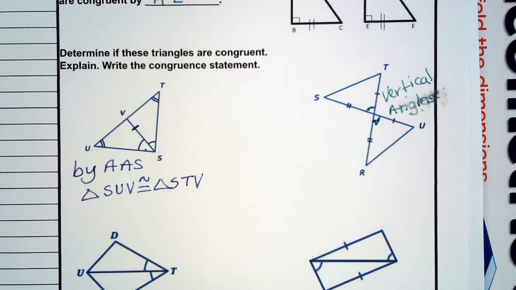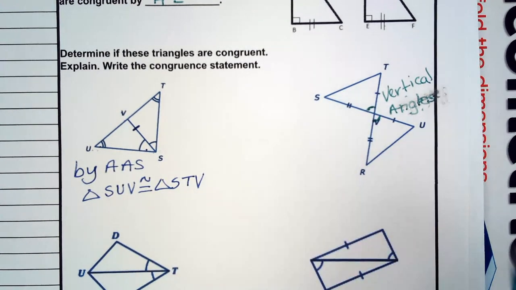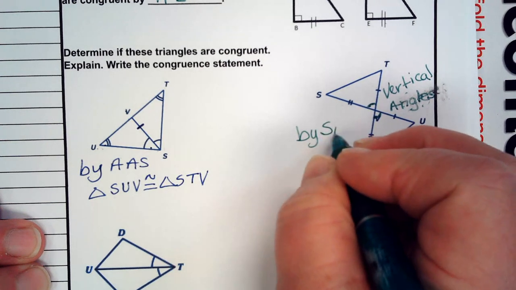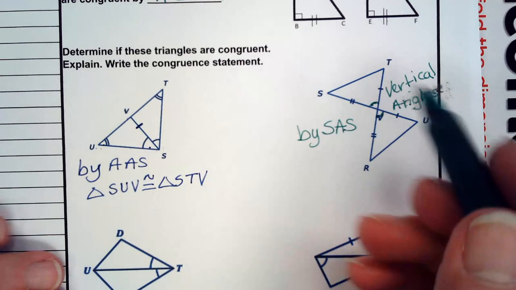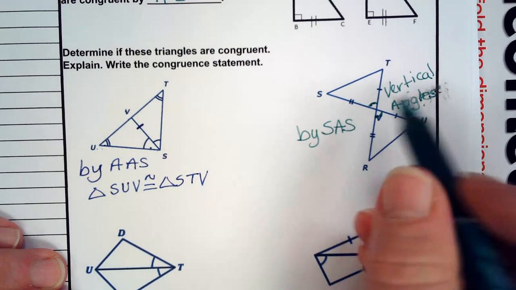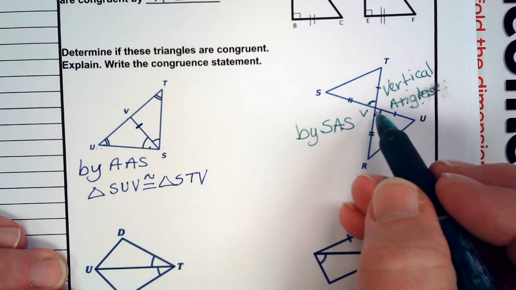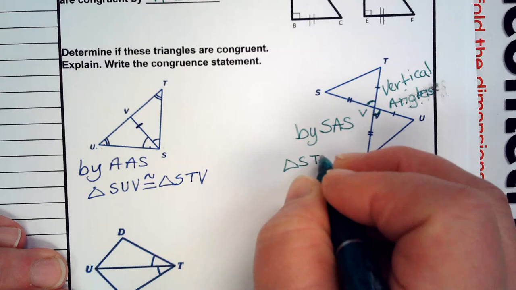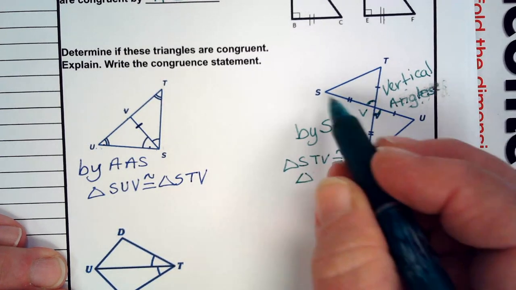Okay, let's look at what we've got. We start with a side, then we go to an angle, and then to another side. So this is side, angle, side. Okay, this is V in the middle. Triangle STV is congruent to triangle.